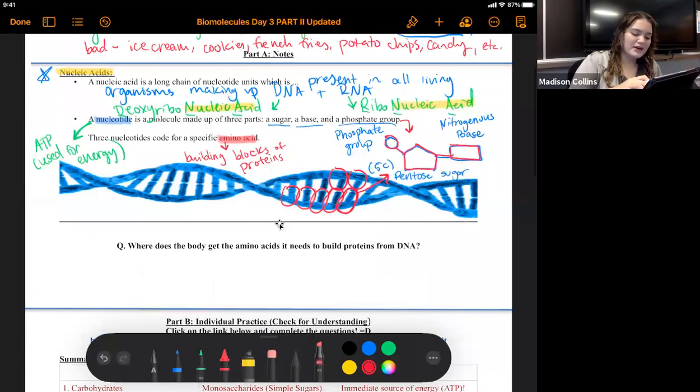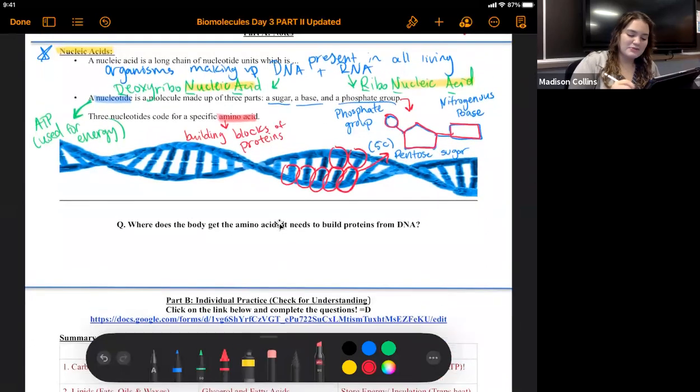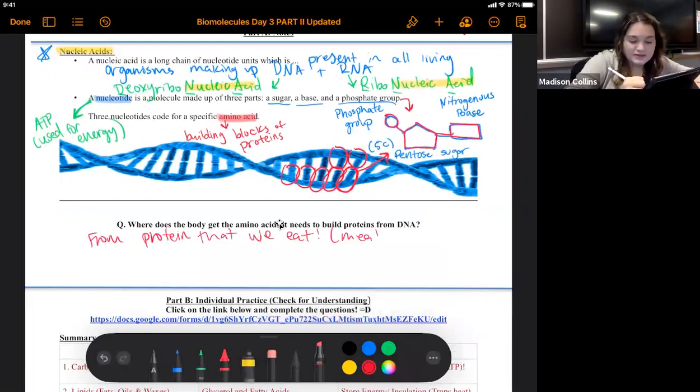All right, so where does our body get the amino acids it needs? We get those amino acids from protein that we eat. So things like meat, beans, nuts, right? Any source of protein that you eat is going to contain amino acids.